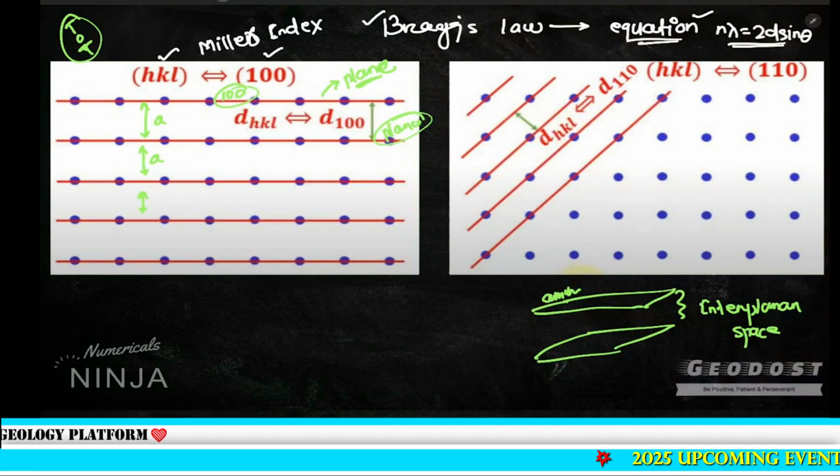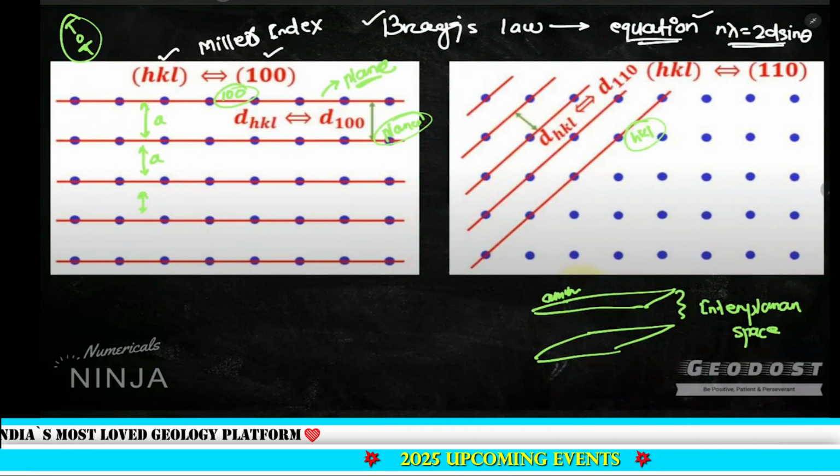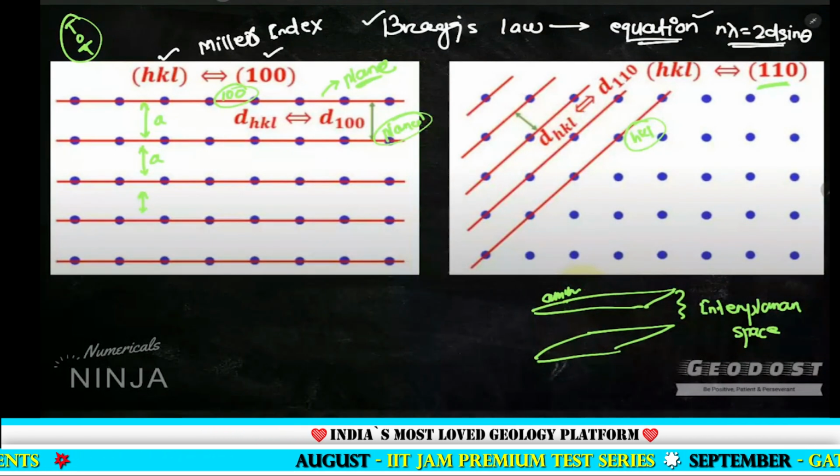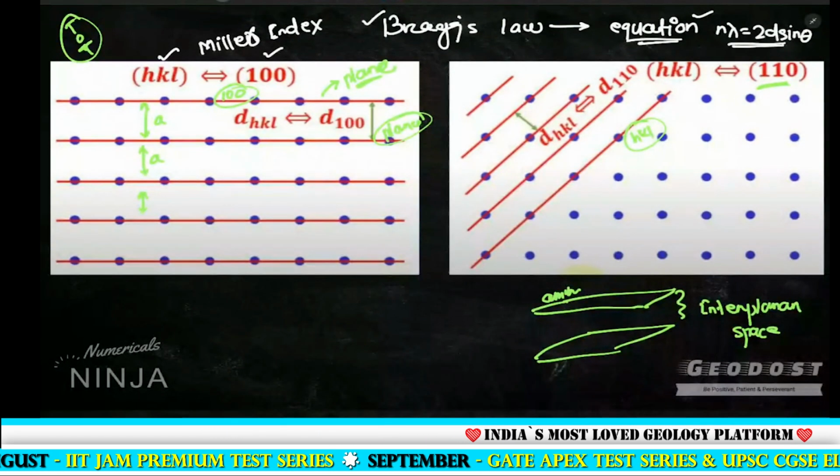Okay, so you can see here, the plane is 110. That means it is parallel to the C axis and cutting the X and Y axes at unit distance.